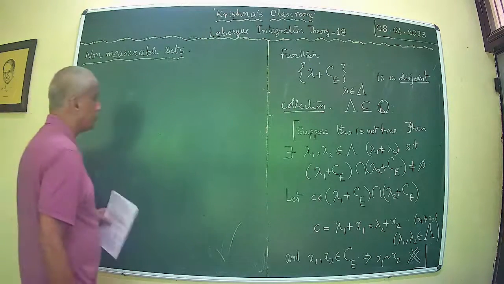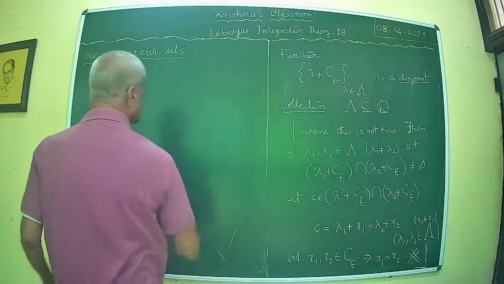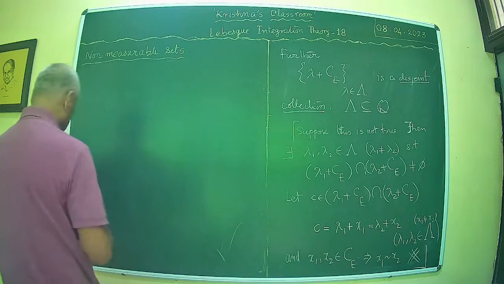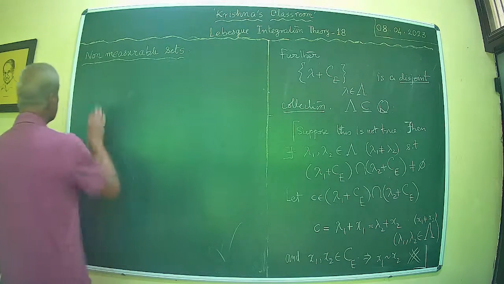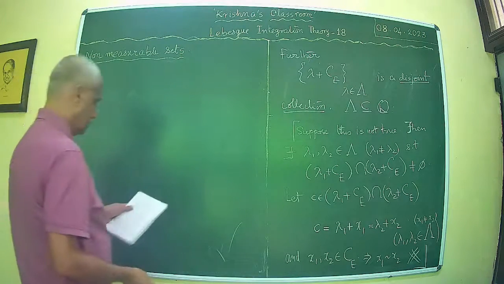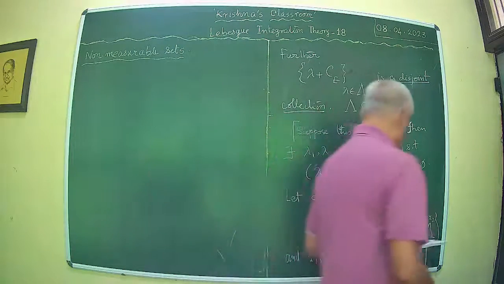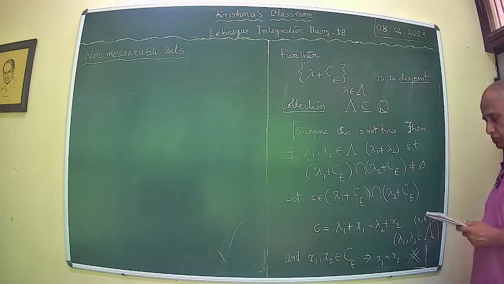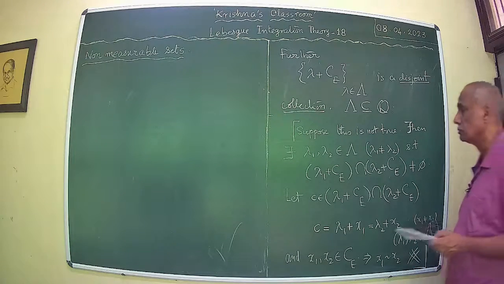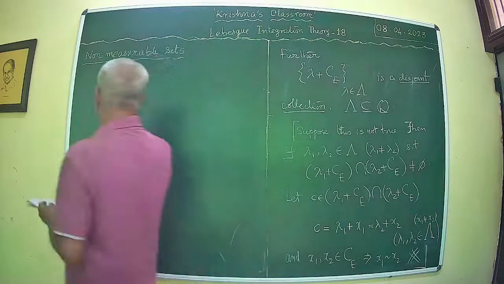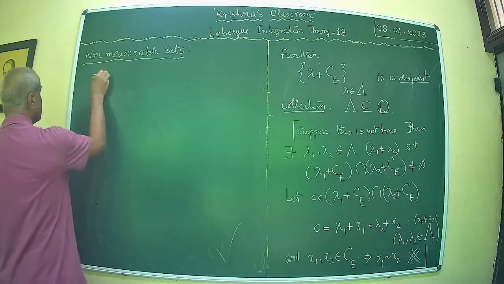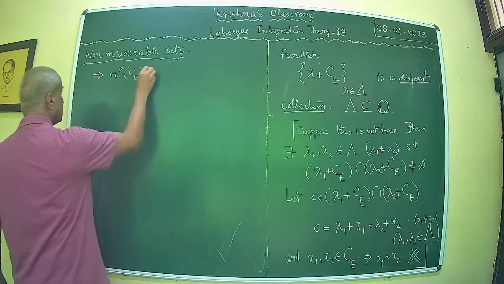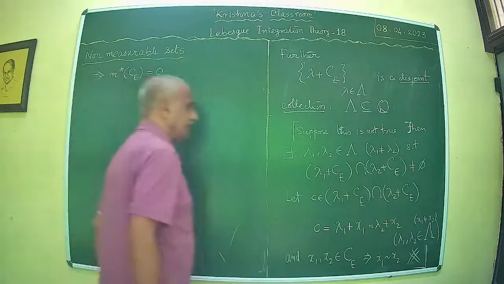The consequence of that is this. That is, what does it mean? It means m star of C has to be equal to 0, from what we have proved earlier.